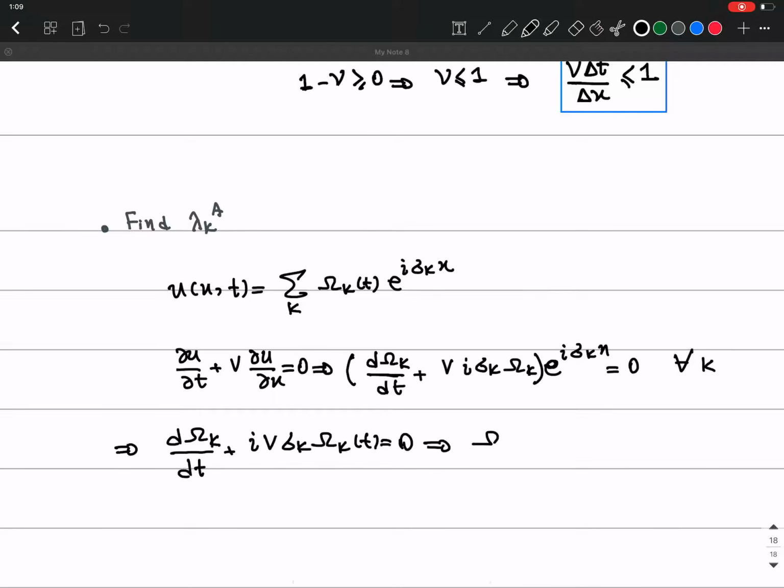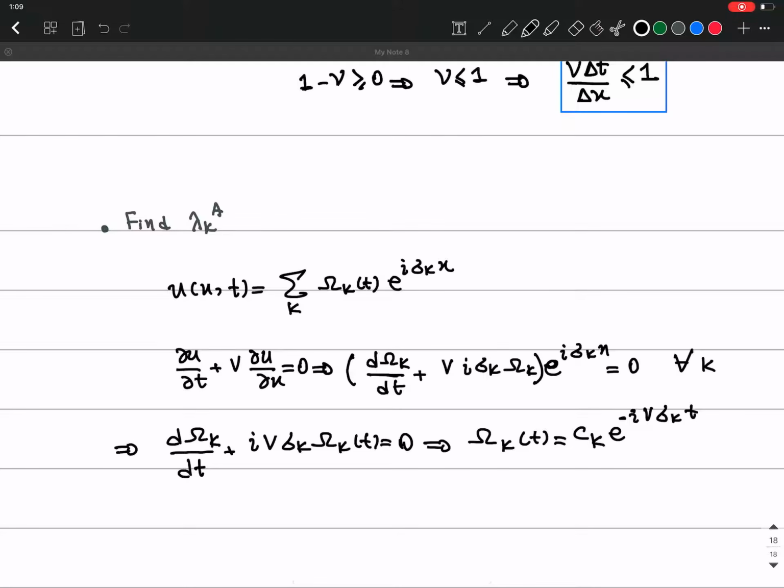And thus we can just integrate and simply solve this equation, which is going to give me c k e to the minus i v sigma k t, by setting the initial condition for omega k at 0 to give me c k, like the previous example.